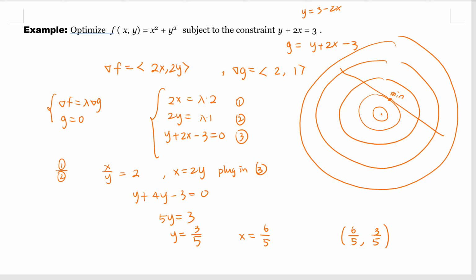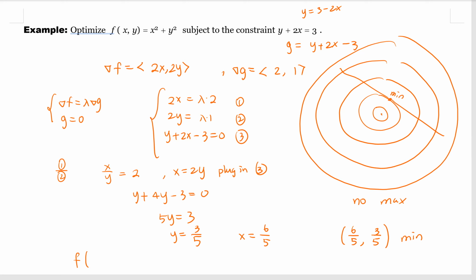And you can see at the end, we get only 1 point. So then we go back and check our work, and then we realize, oh, there's no maximum. So from the picture, we can see no maximum, and then this guy would be the minimum. But we also need to test that. So plug this number into f.